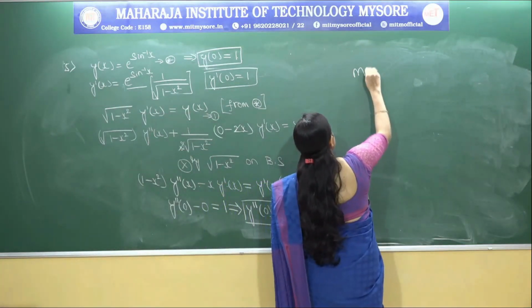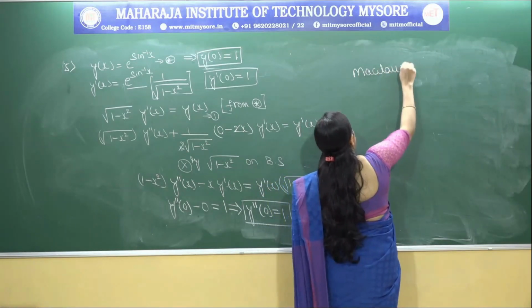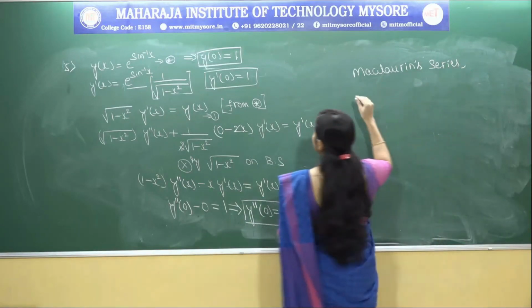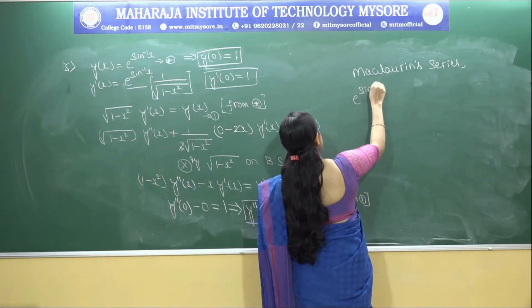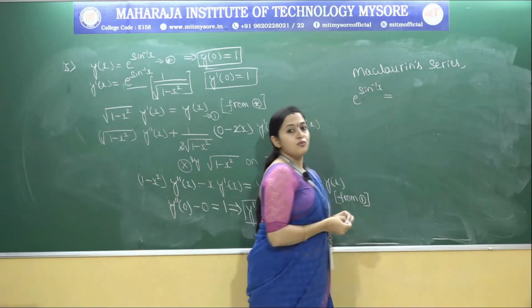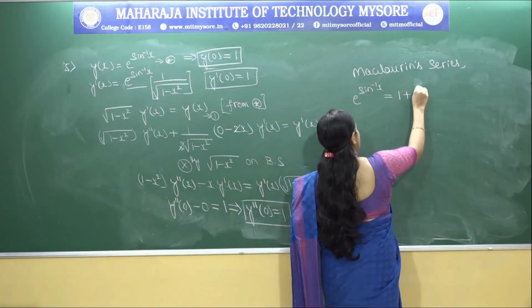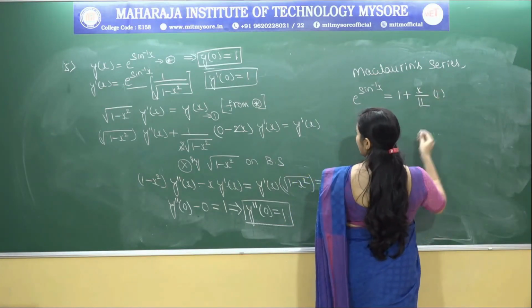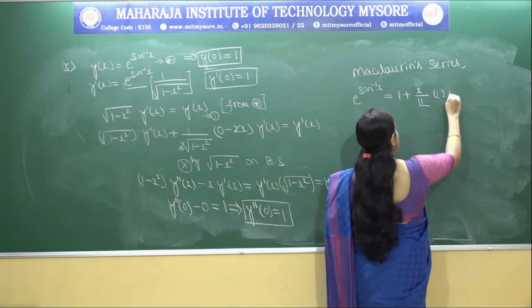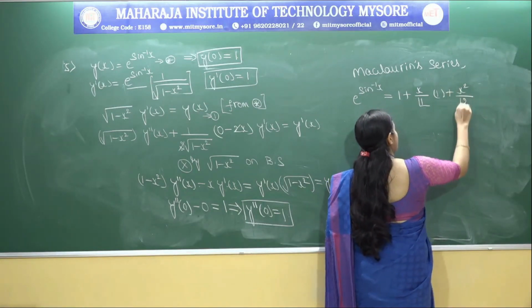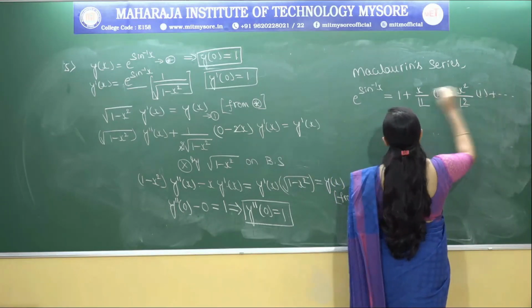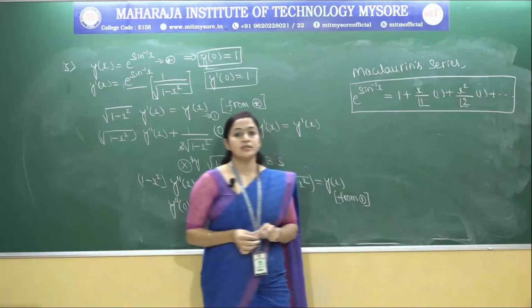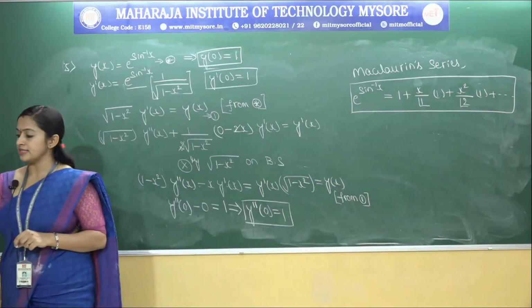The given function is e power sine inverse x: y of 0 equal to 1, plus x by 1 factorial times y dash of 0, which is also equal to 1, plus x square divided by 2 factorial times y double dash of 0, which is also equal to 1. This is the series solution for e power sine inverse x.